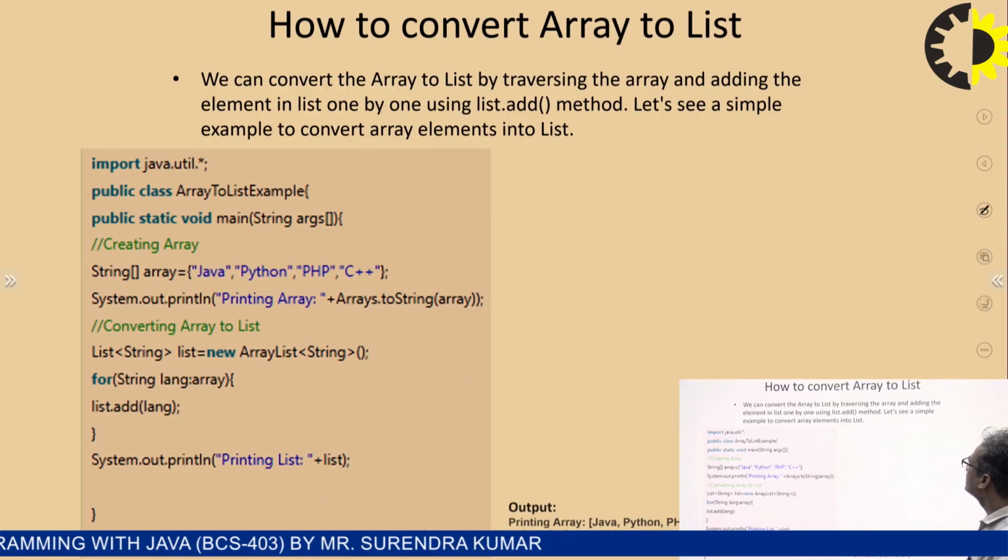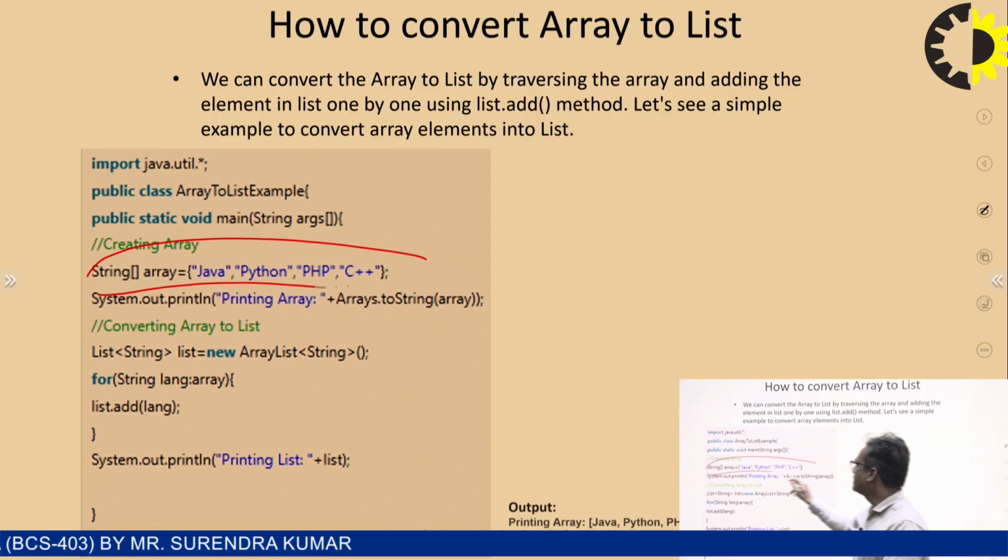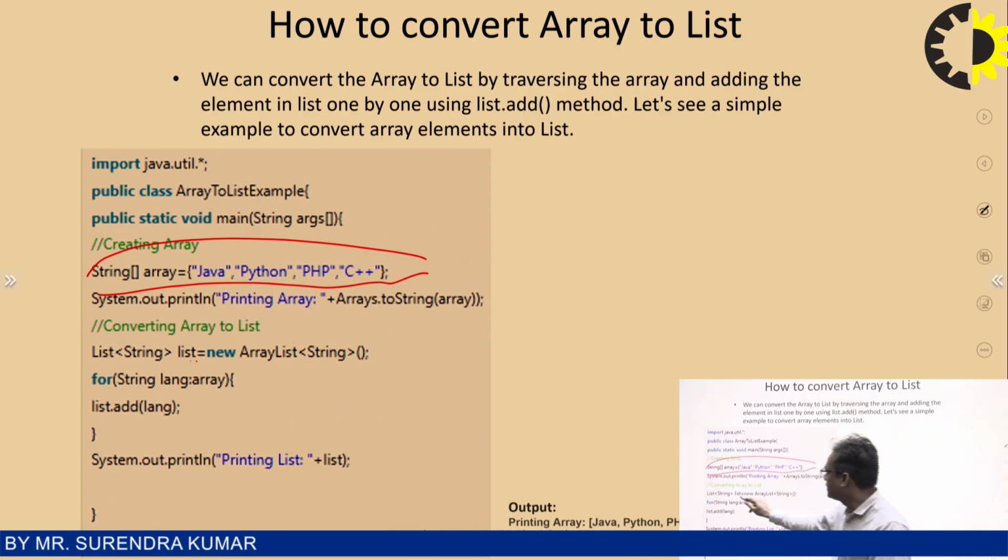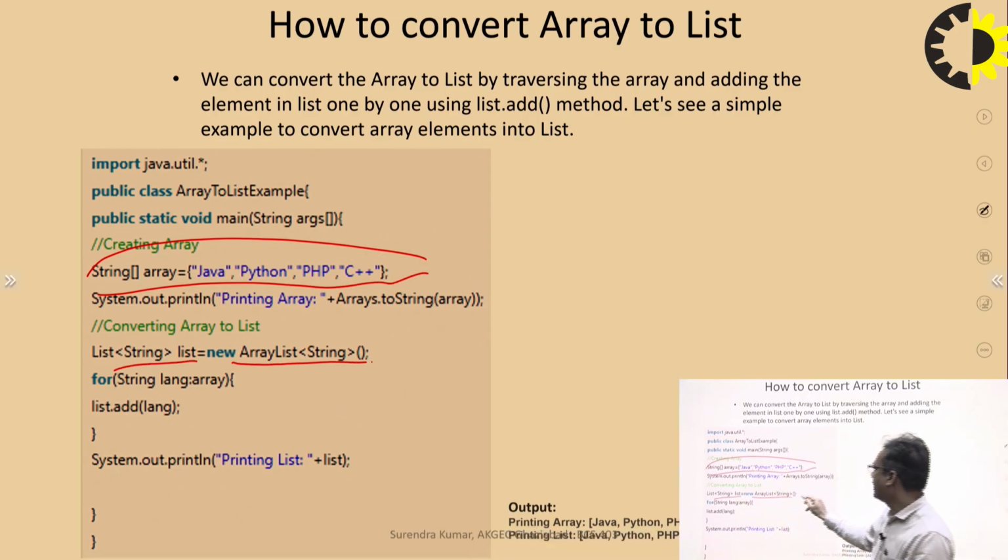How to convert array to list? So this is an array. You are converting this array into the list by using ArrayList, and here the array is passed. This is printing the array.